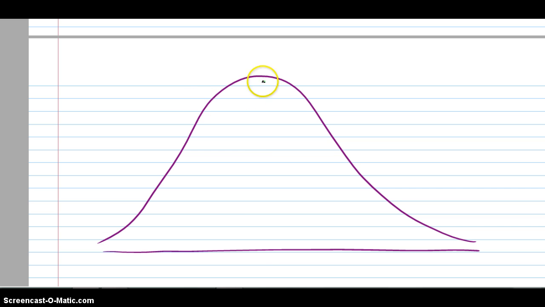Let's go out 3 standard deviations. Again, I look for where that inflection point is, and that tells me where I think one standard deviation is, and I go that same distance to go up one standard deviation. Now, I'm going to go down, so I am 3 standard deviations below the mean. I'm going to go up, so I am 3 standard deviations above the mean.